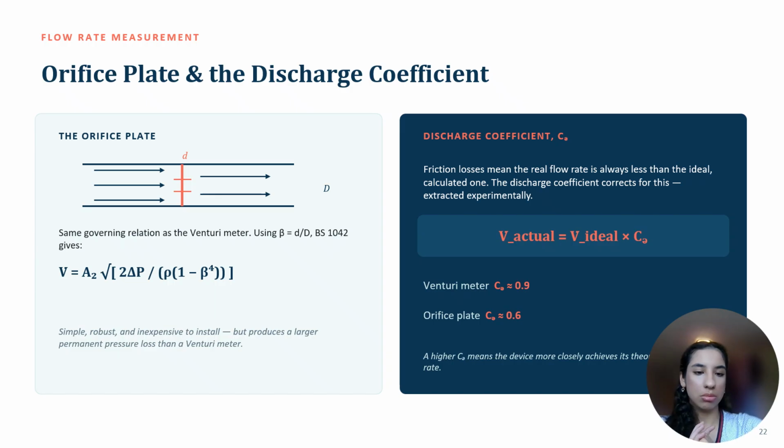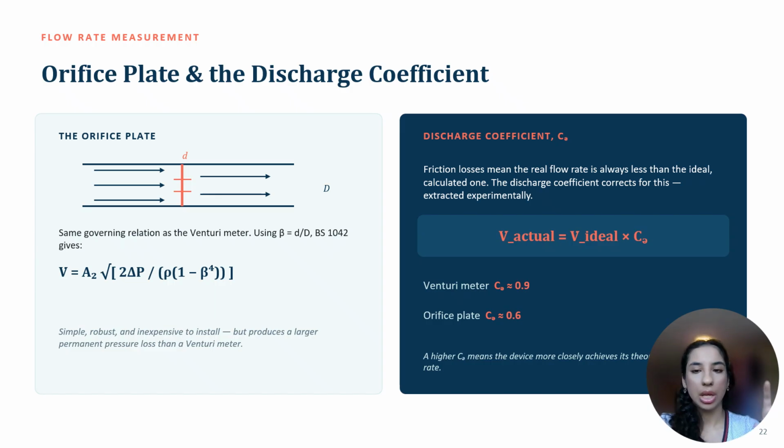So then you use that formula. Now, because of friction, again, we hate friction, it always ruins everything. Friction means that the real flow is always going to be lower than the ideal one we calculate.